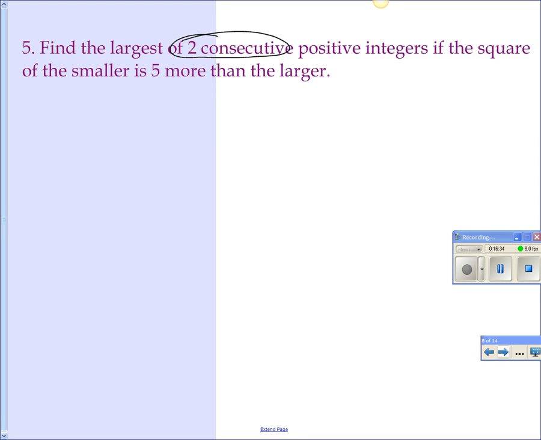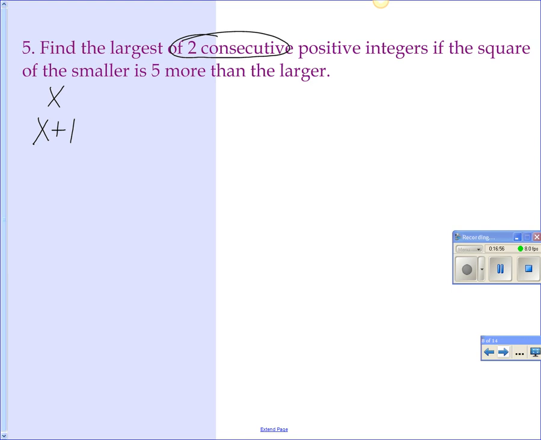LeVar, does it say even or odd? Okay, so what do I write for two consecutive if it doesn't say even or odd? Look at your chart. X and x plus 1. So that's what I do first. X and x plus 1.